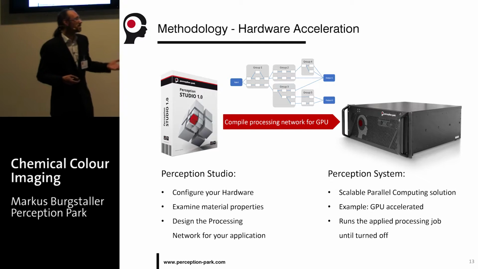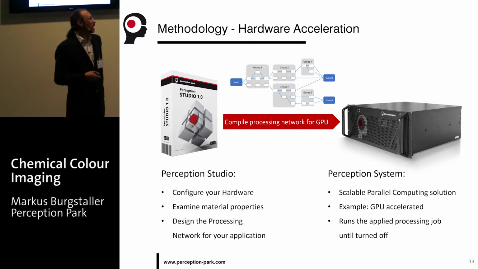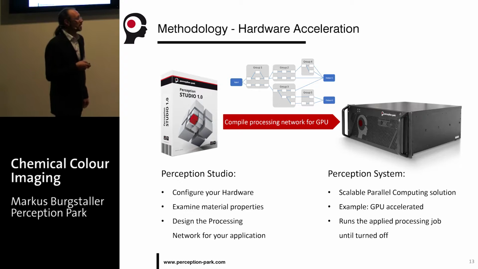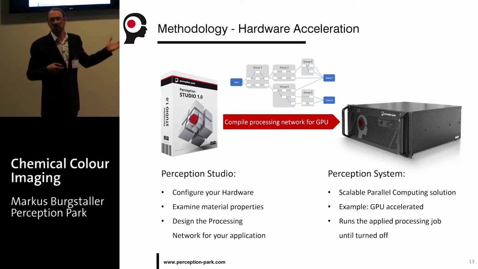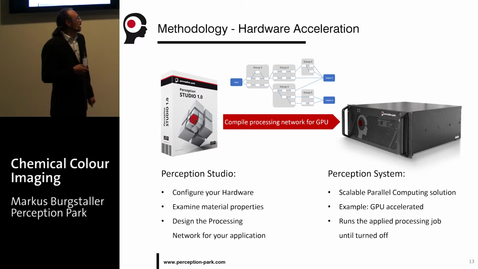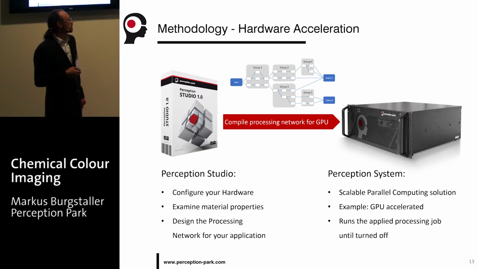That means for really specific tasks you can generate this network and get it running in real time on the data processing box and output a stream, maybe a color stream or a monochrome stream, whatever you like. Okay, that's the methodology part.